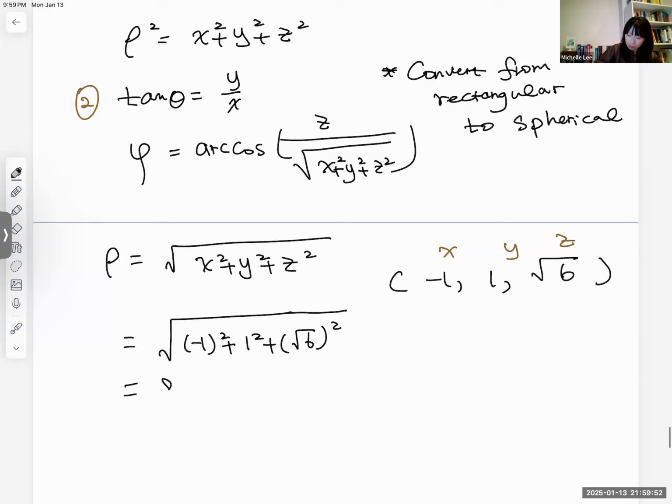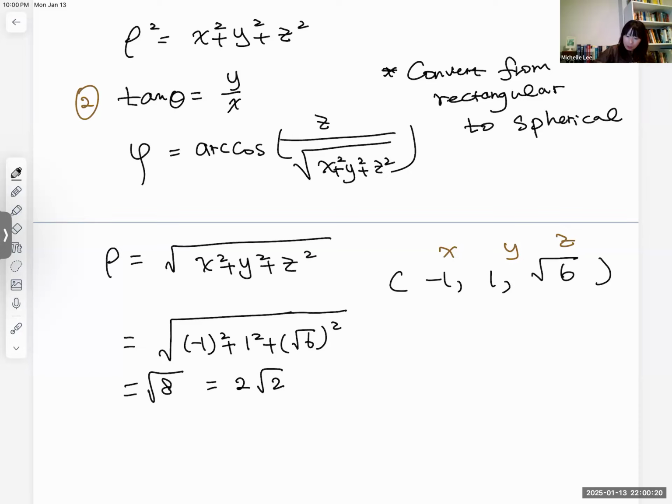That gives the square root of 8, which is 2 square root of 2, right?